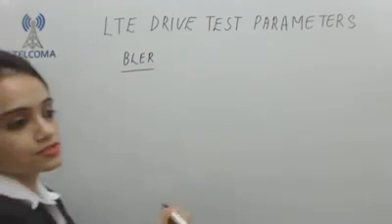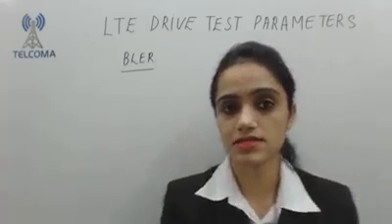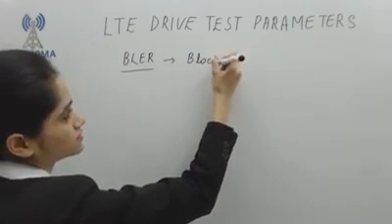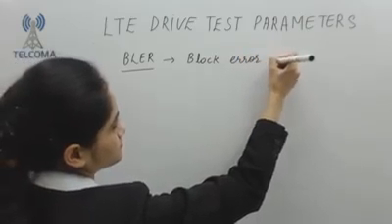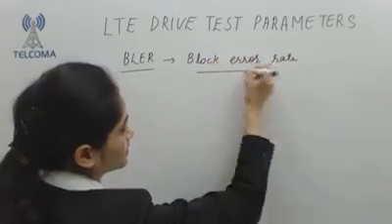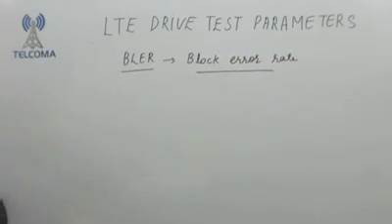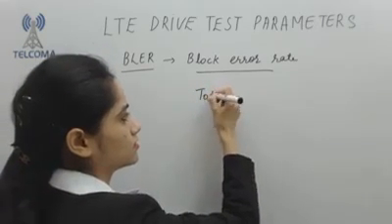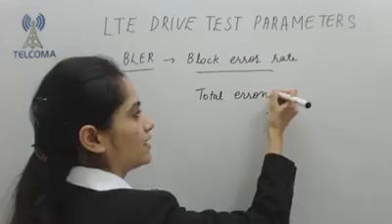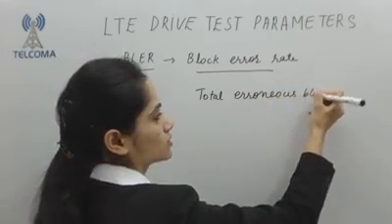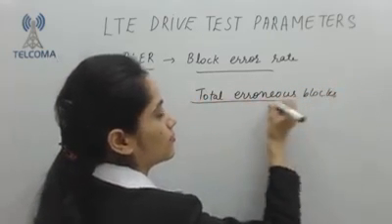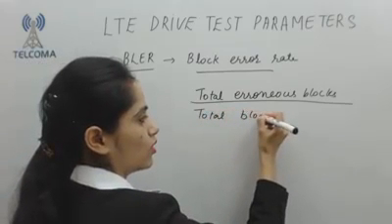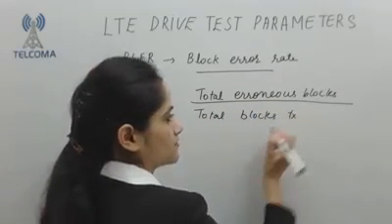Next parameter which we require to check in our drive test is BLER, where BLER is block error rate. Block error rate is the total number of erroneous blocks upon total blocks transmitted.